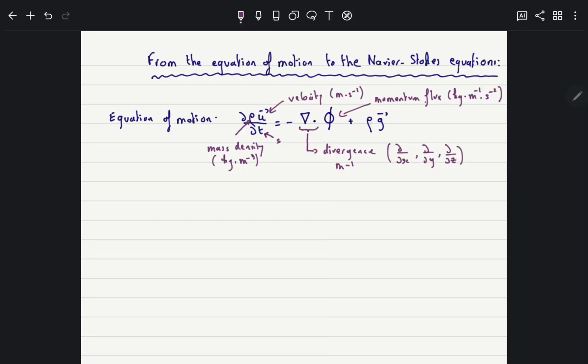So rho is our mass density, and finally we have our acceleration of gravity right here, which is in meter per square second, okay, in the SI units.